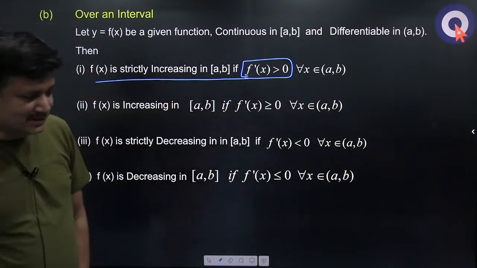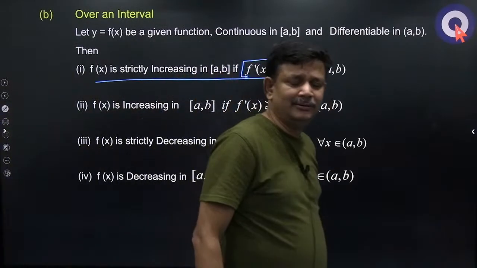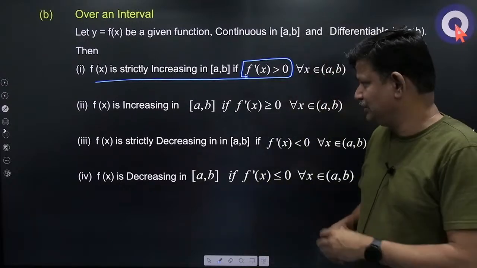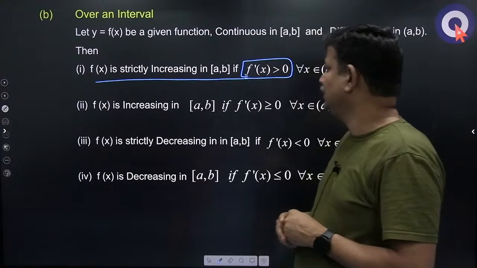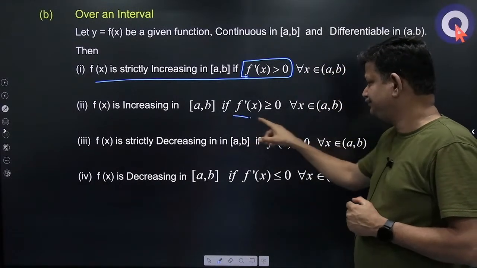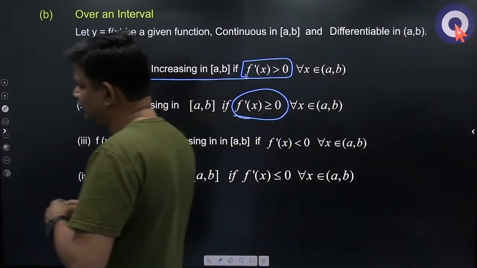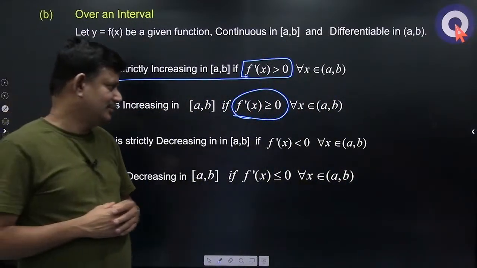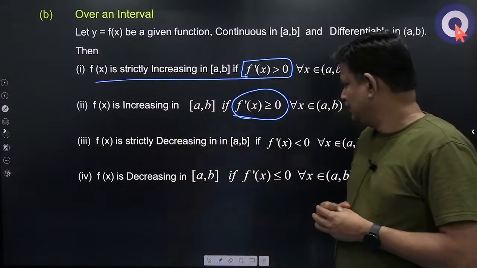But if at all f dash x is greater than 0, then happily you can say function is strictly increasing. So it is correct technically, but it is not complete. If f dash x is greater than or equal to 0, increasing means you mean to say it is non-decreasing. Non-decreasing if f dash x is greater than or equal to 0.